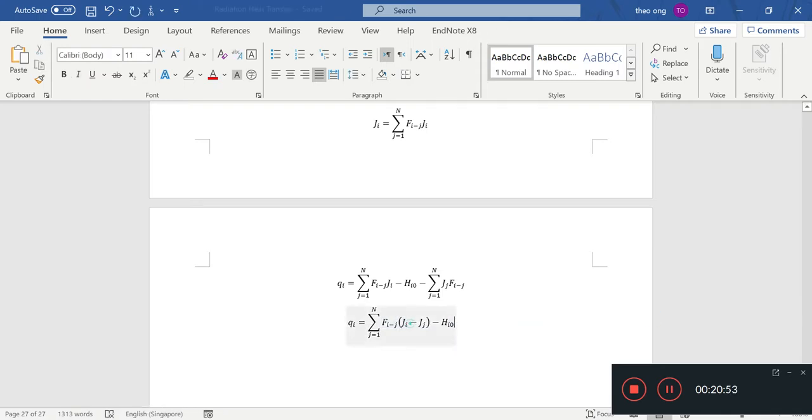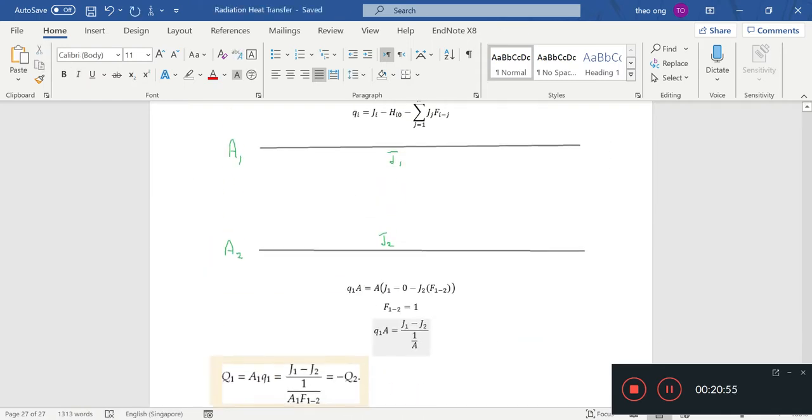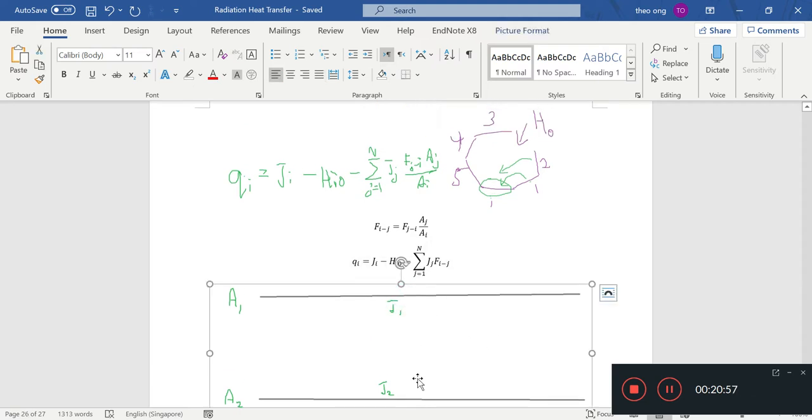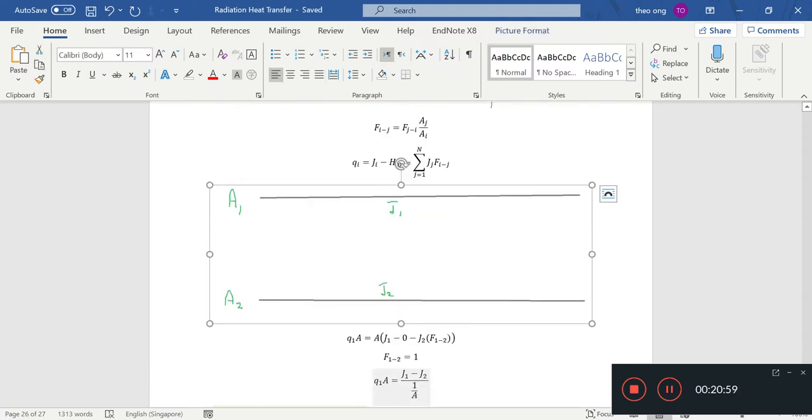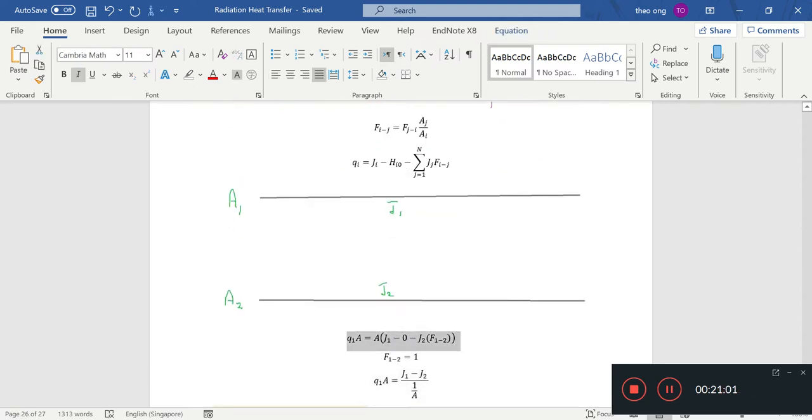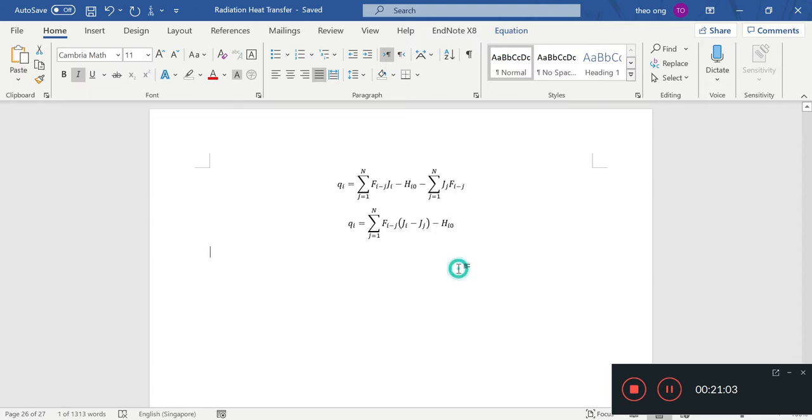Then if we substitute this equation into this formula for this case, we would see that Q1A equals J1 minus J2 times F1 to 2, and Hi0 is just 0.